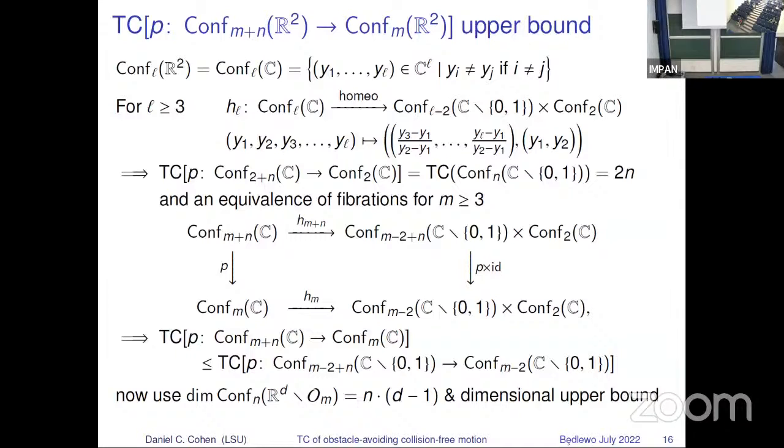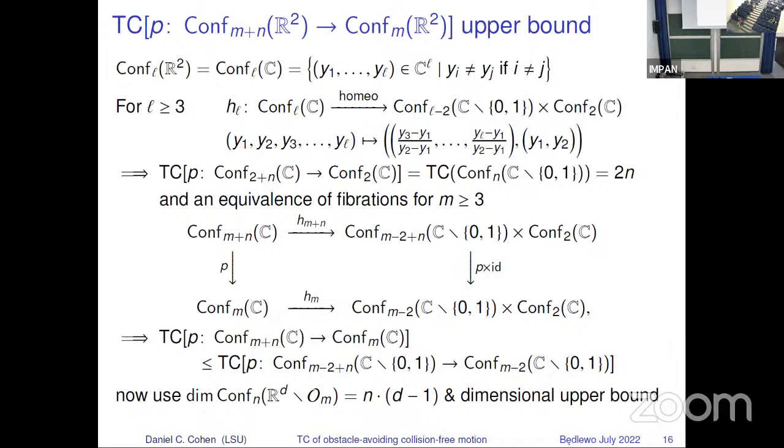As consequences of that, on the one hand, if you look at projection from n robots plus 2 obstacles to just 2 obstacles, you have a homeomorphism. Sorry, this is trivializing this bundle. And that says that the parameterized topological complexity of that fibration is just the topological complexity of the fiber, which is known before.